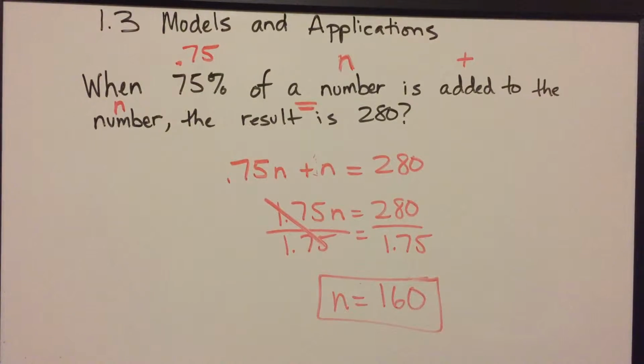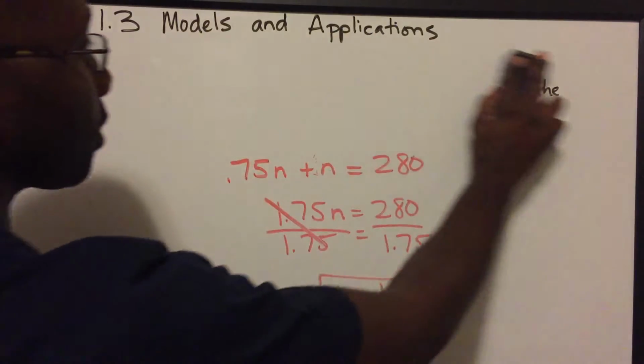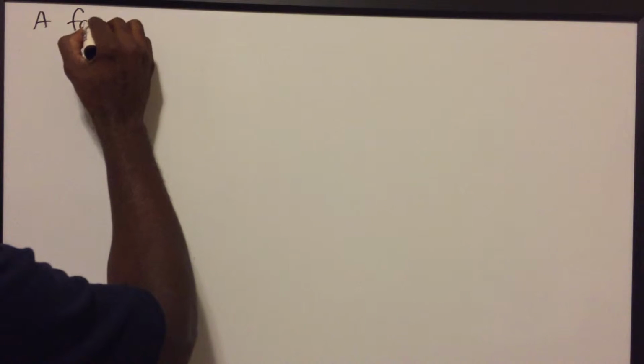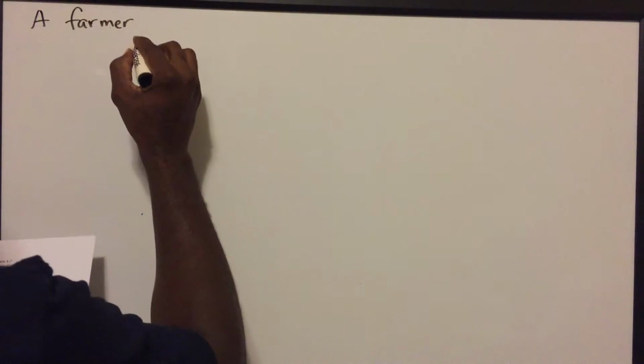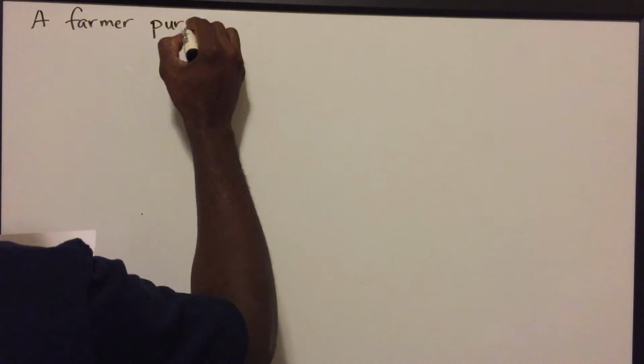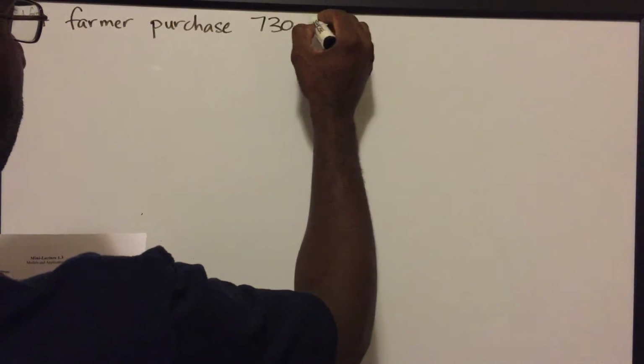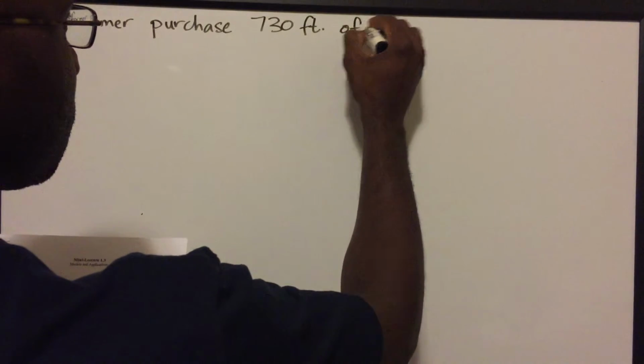So we're not finished. Let's do another problem here in section 1.3. Once again, I'm going to erase this to give me some more board space. So, the next problem we do, we're going to say a farmer purchased 730 feet of fencing.